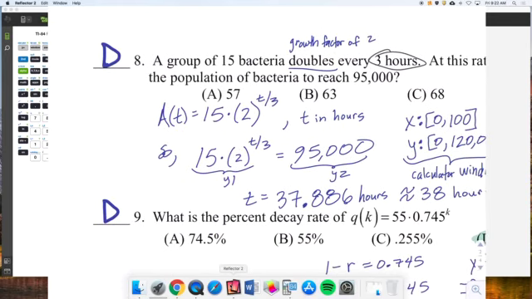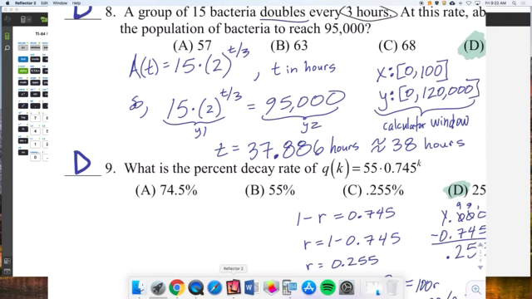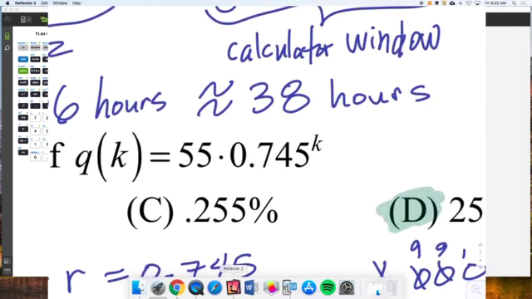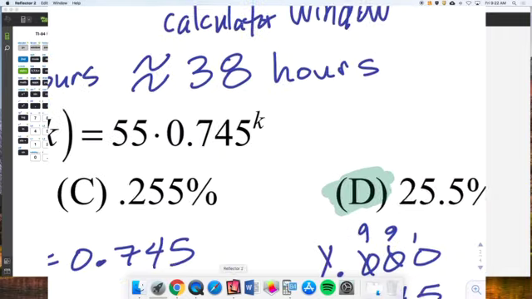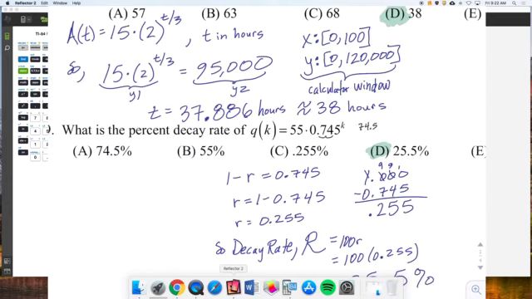Okay. And then number 9, what's the percent decay rate? All right, we know this is decay because the base is 0.745, which is between 0 and 1. The average person that doesn't really know what they're doing is going to convert that to a percentage and get 74.5, and they're going to get it wrong, right?